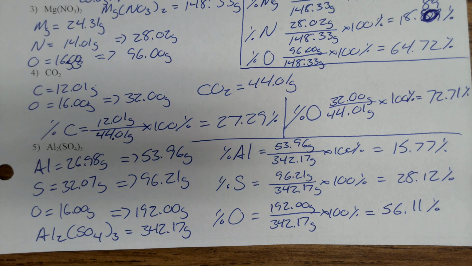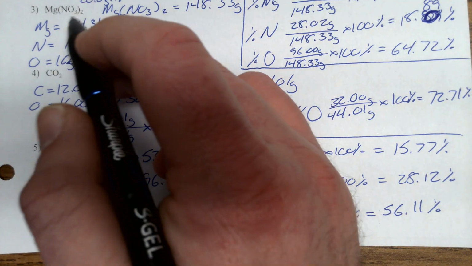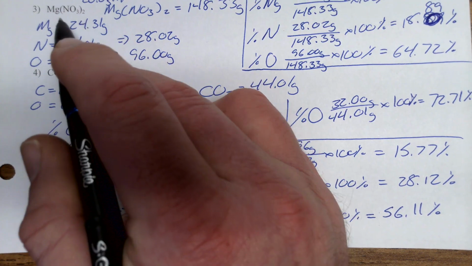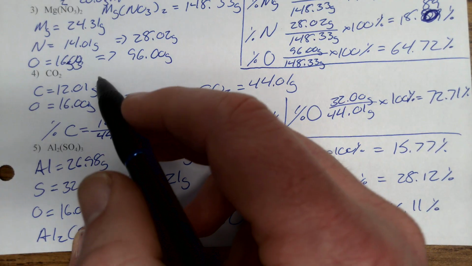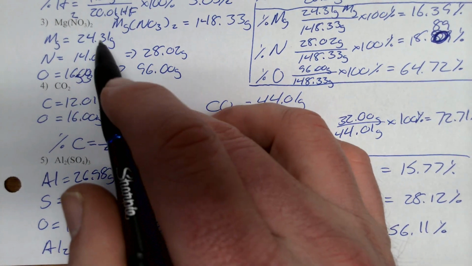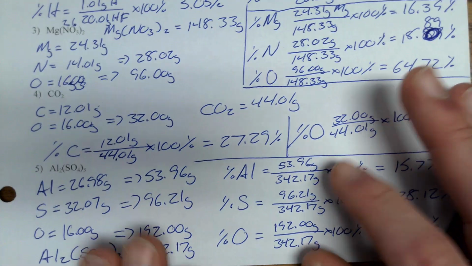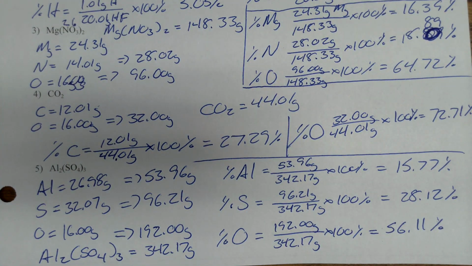So because of that, 2 times 1 nitrogen gives me 2 nitrogens. 2 times 3 oxygens gives me 6 oxygens. So be careful with that. It catches some people sometimes. And I only have 1 magnesium atom there.